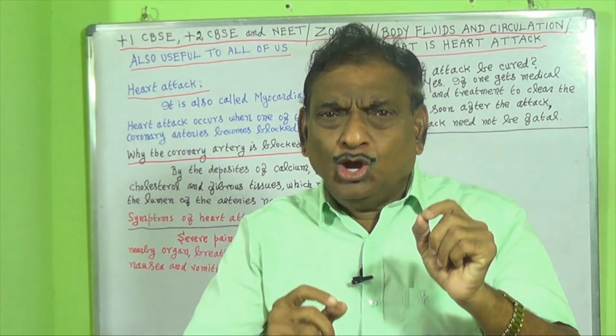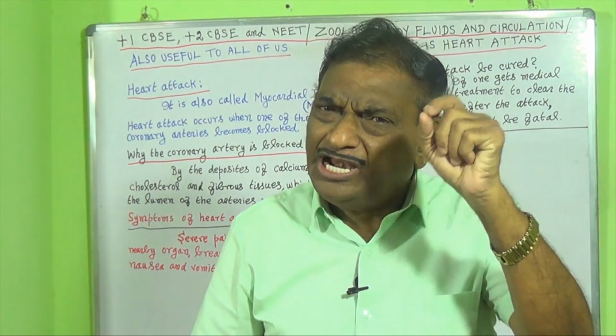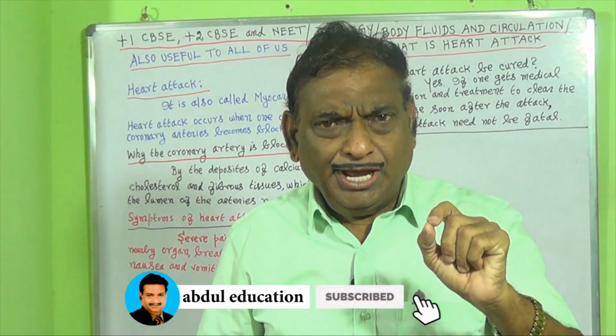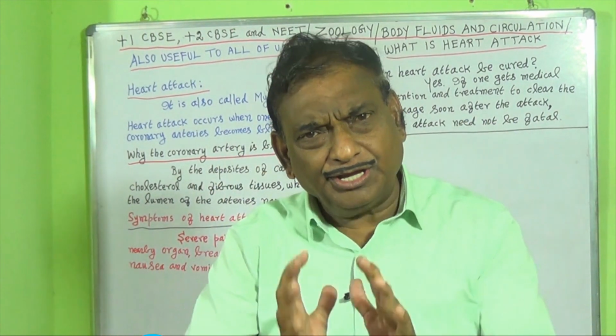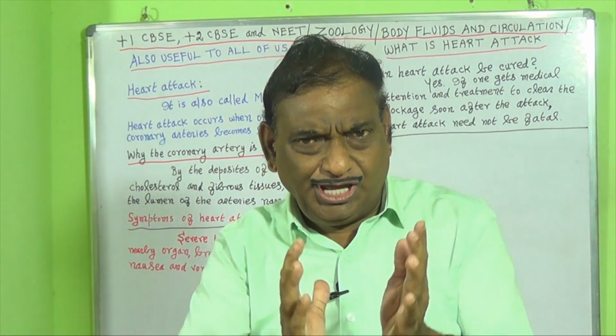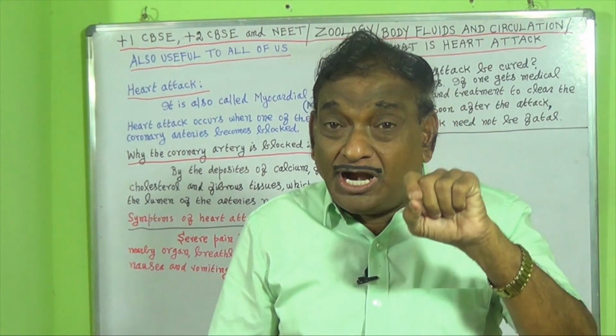When the coronary artery is blocked, what will happen? When the coronary artery becomes blocked, the lumen of the coronary artery becomes narrower. What is lumen?